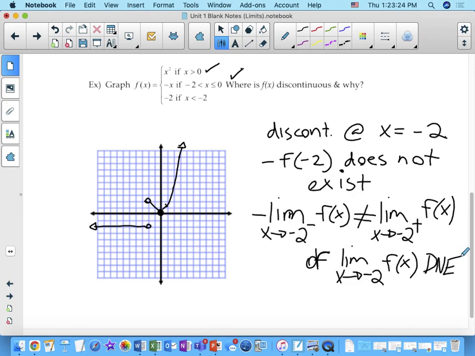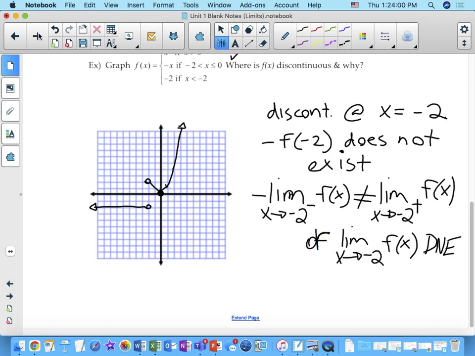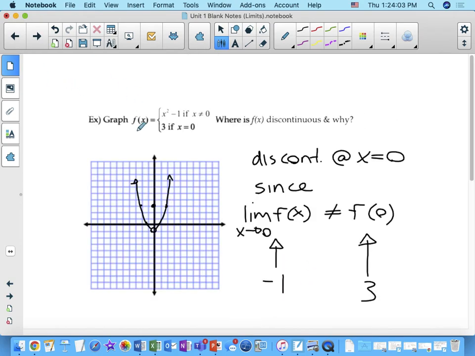If the limit doesn't exist, there's going to be discontinuity. All right. I think we're done. We're done for today.